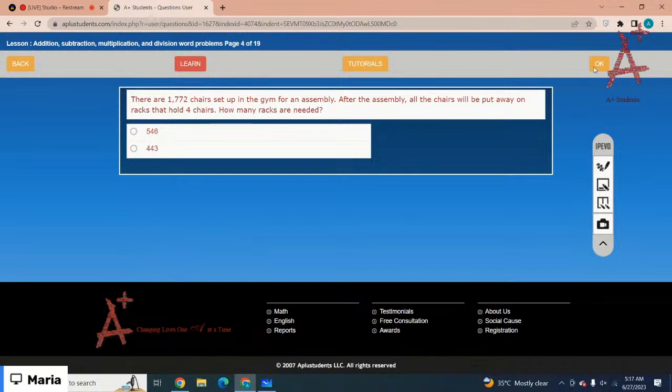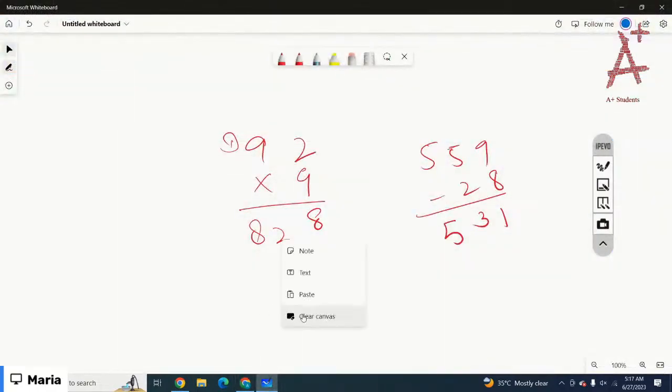The total chairs are 1772, and each rack holds 4 chairs. You have to calculate how many racks are needed for 1772 chairs. So what do you have to do? Add, subtract, multiply, divide. You have to divide. Let's divide 1772 by 4.